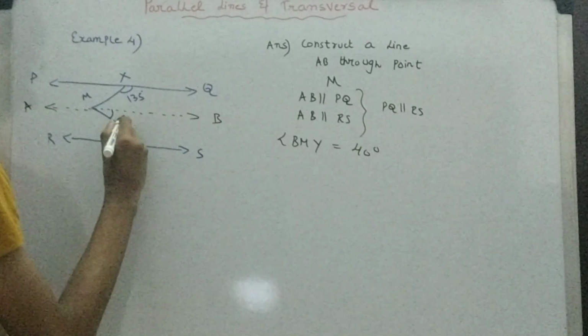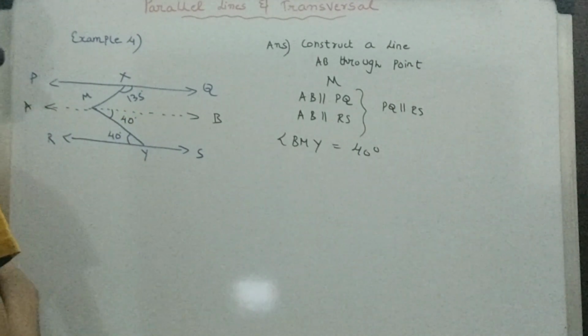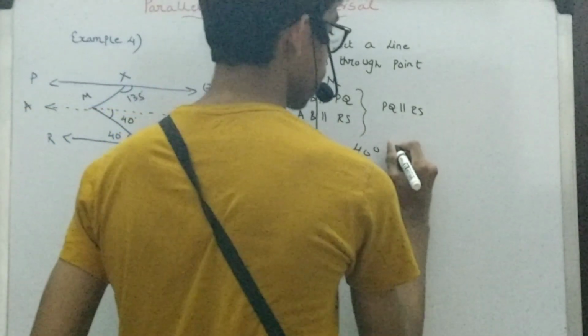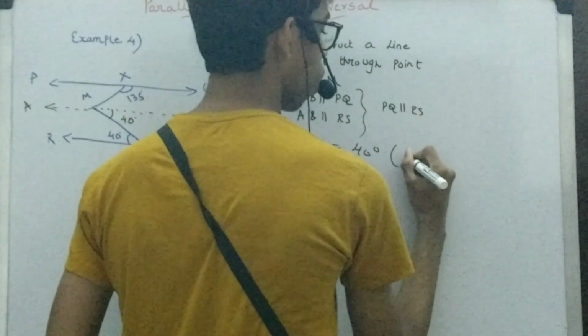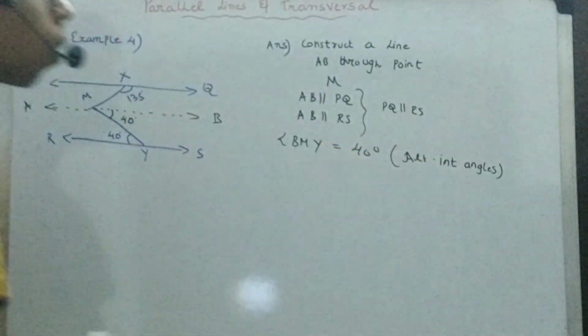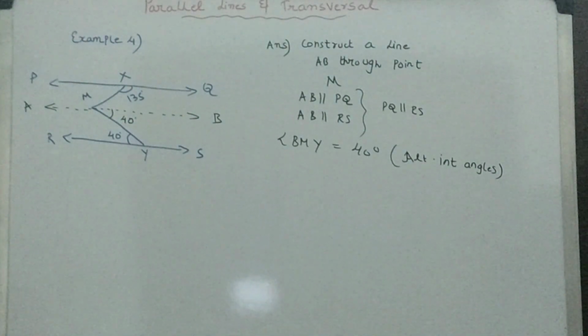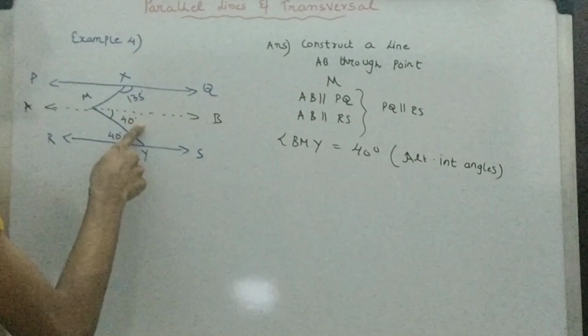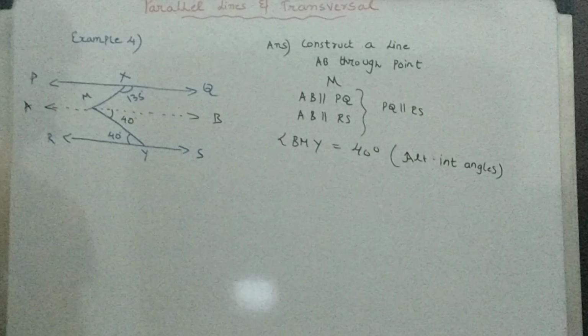So we can say that this angle is equal to 40 degrees, and the reason is they are alternate interior angles. Now here you have got this angle as 40 degrees.